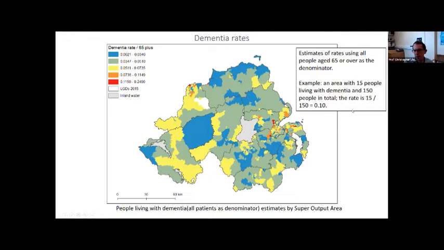But pretty obviously, hopefully, the way the rate's calculated is, if taking this example, you've got 15 people living with dementia and 150 people in total, which obviously would be a huge proportion in the real world, you get a figure of 0.10. So we do get very large figures here, and a variety of reasons for that, one of which is that our denominator is probably not particularly sensible. Using only people aged over 65 is obviously not capturing everybody who might live with dementia by a long way.